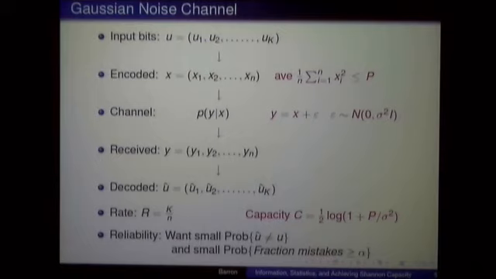A channel is that y equals x plus normal noise of variance sigma squared. I'll use z for other things, so I'll use epsilon for the noise. The capacity we know is half log 1 plus signal to noise ratio. The maximizing distribution on x in accordance with Shannon's characterization is the Gaussian of variance p.